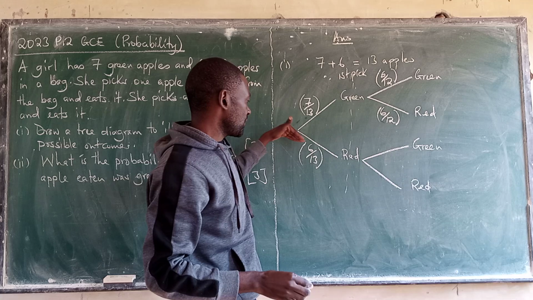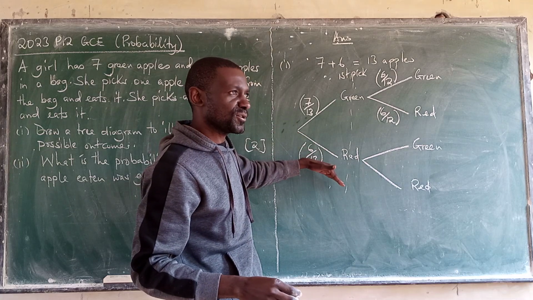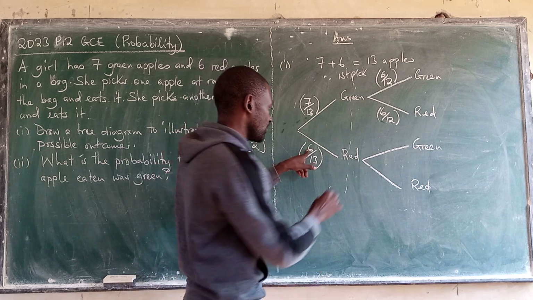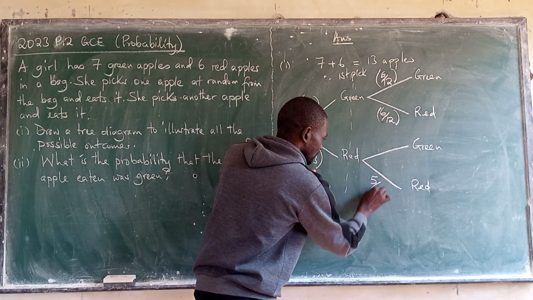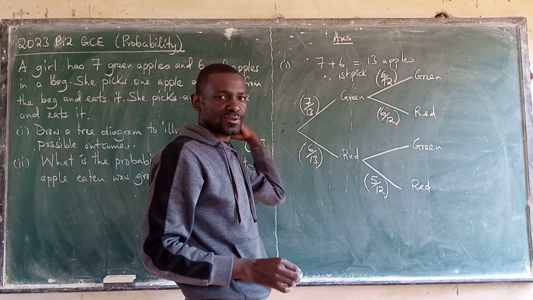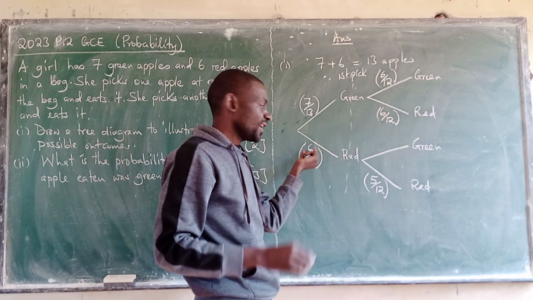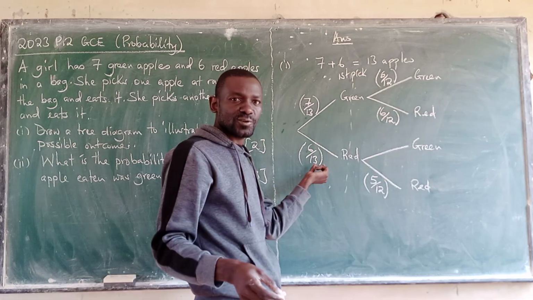Alright, so if the first was red, the probability that the next one will also be red will be 5 out of 12. Why 5 out of 12? Because a red one has already been picked, so there are now 5 red ones remaining, and therefore the total remaining is also 12.